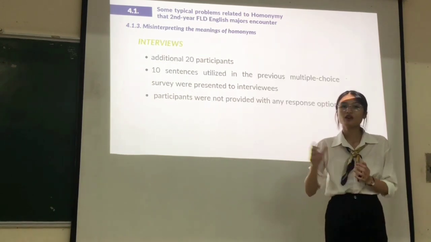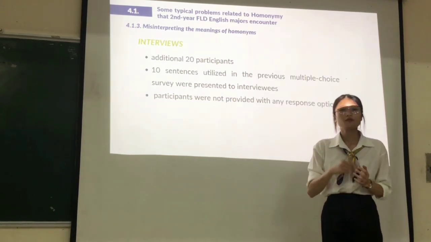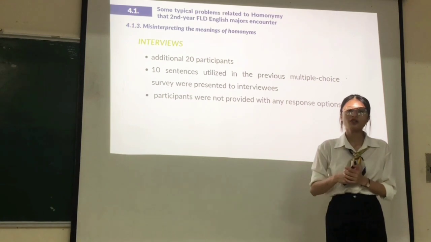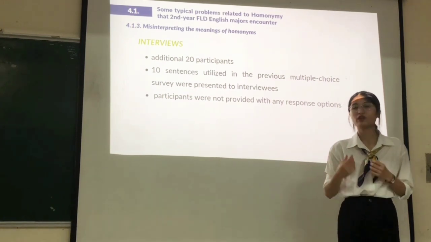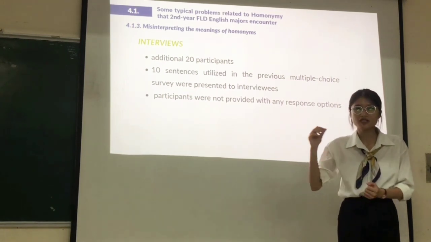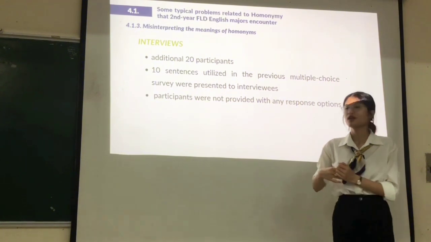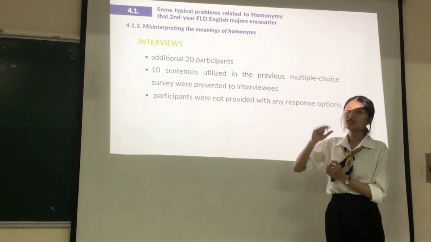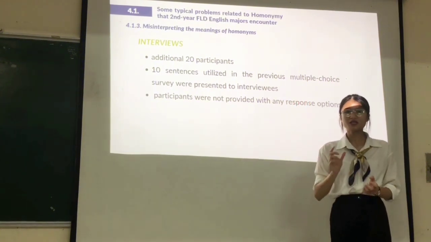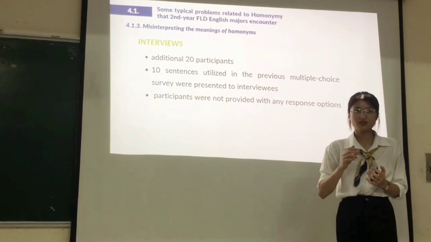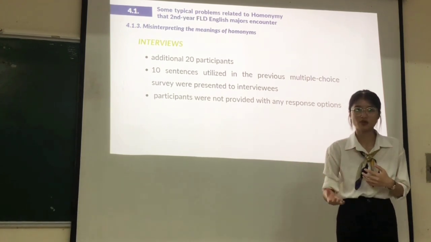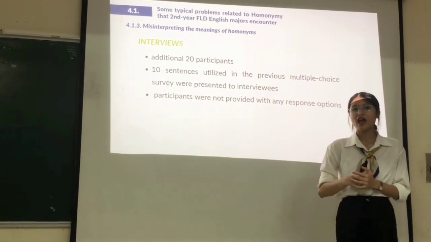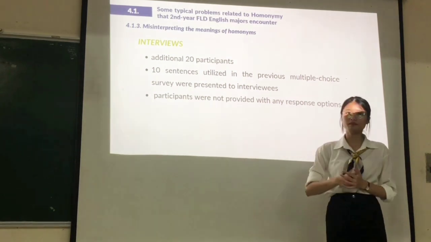To further investigate the influence of homonyms on learners' vocabulary definition and reading comprehension abilities, we conducted structured interviews with an additional 20 participants. We used the same 10 sentences utilized in the previous multiple choice survey, but did not provide any response options.